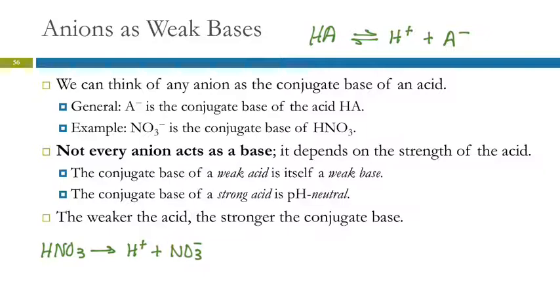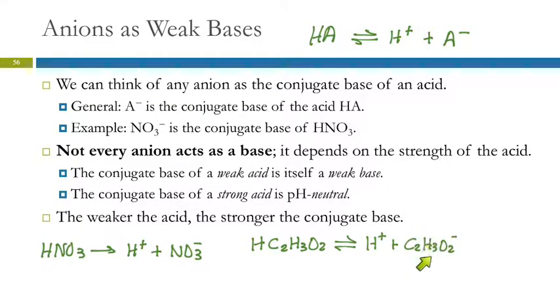If we have something like acetic acid. Acetic acid is a weak acid, and so it ionizes partially, forming hydrogen ions and acetate ions. This is in equilibrium. There are significant amounts of both reactants and products.